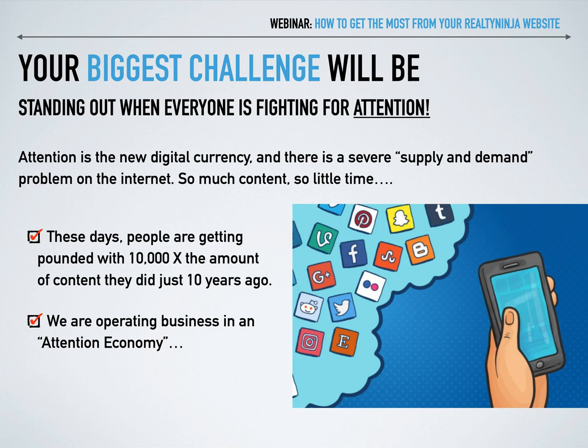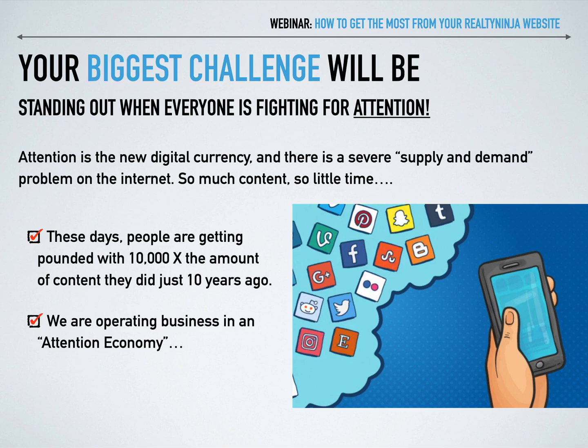These days, you're living in a crazy time. This is an attention economy. Attention is worth its weight in gold, okay? And your biggest challenge is standing out because everybody's looking for that attention, okay? Attention is digital currency. And these days, we're all getting pounded with so much more content than we did just 5, 10, 15 years ago, okay? There's so much content being uploaded to YouTube. There's movies being produced on Netflix. You know, your cousin's friend's dog has an Instagram channel.